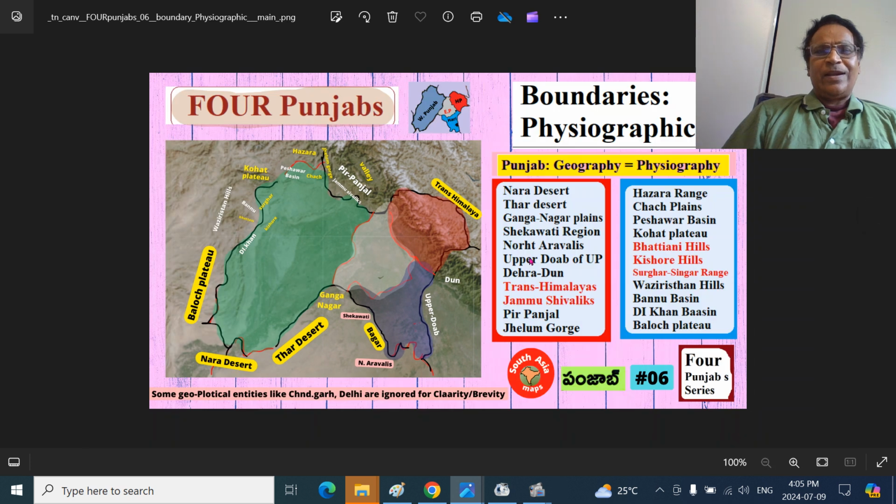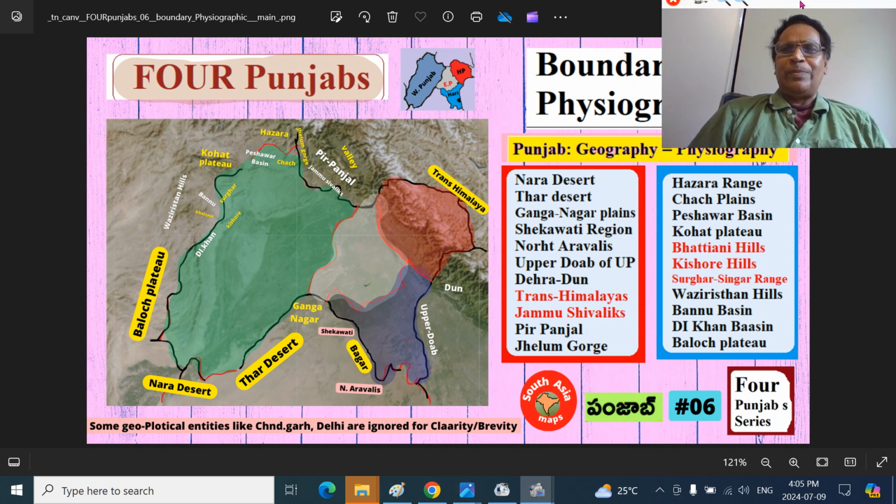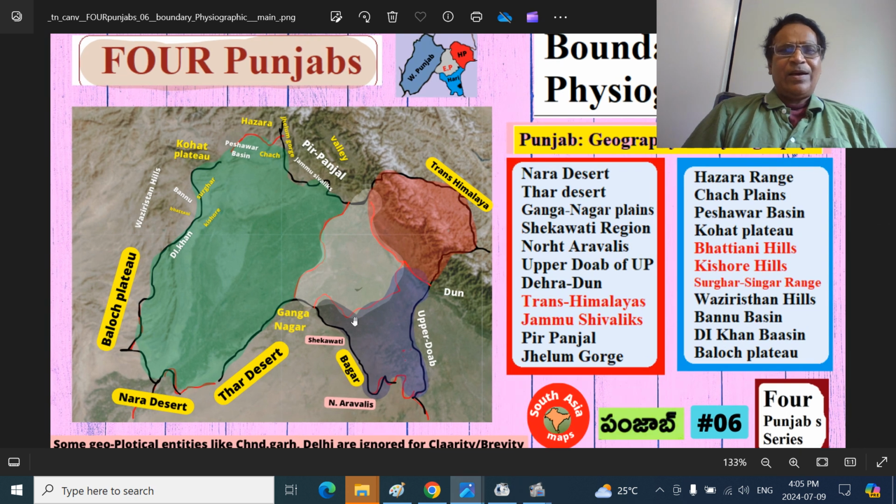I have mentioned them so you don't get lost. Some of these areas are broad. That means I have not shown entities like Chandigarh and Delhi, for clarity and brevity. You have to keep this in mind. I will go over this and show you later.